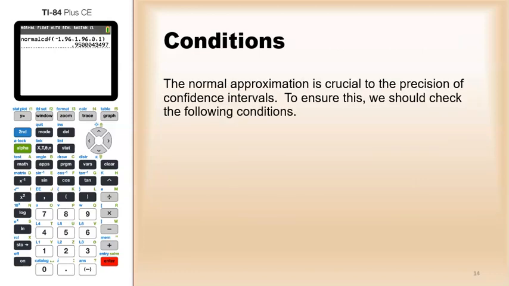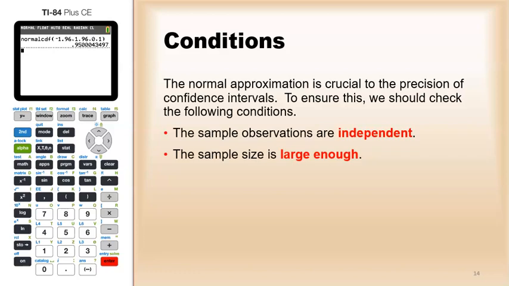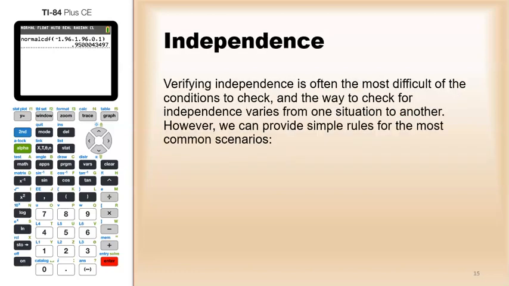Okay. Now, in order for this to be accurate, there are certain conditions you need to check. The normal approximation is crucial to the precision of this confidence interval. To ensure this, we should check the following conditions: that the sample observations are independent, and the sample size is large enough. Independence is usually the more difficult condition to check.